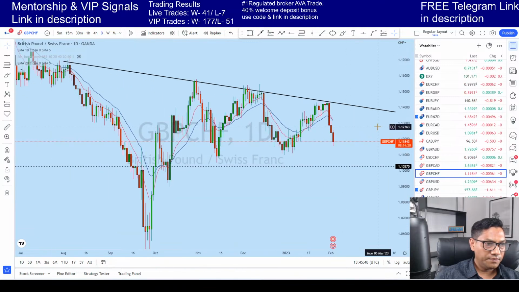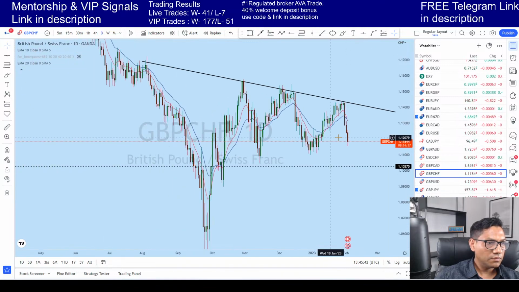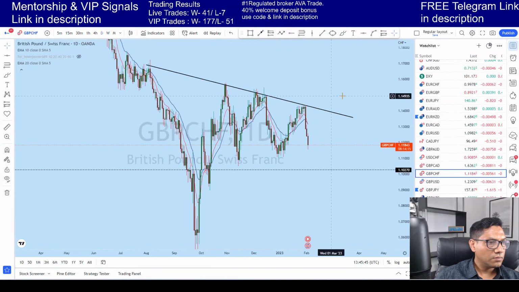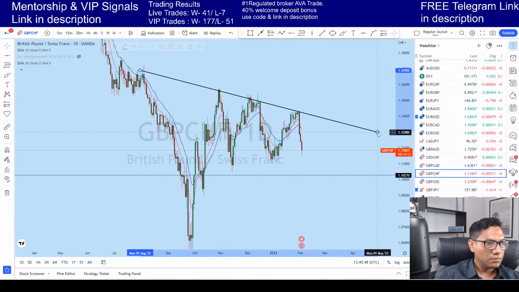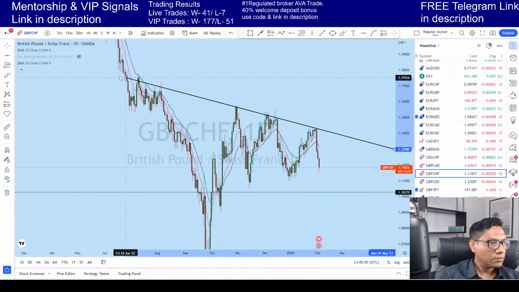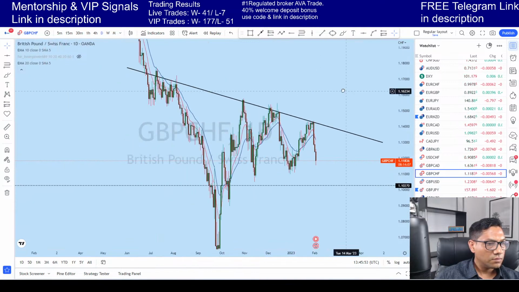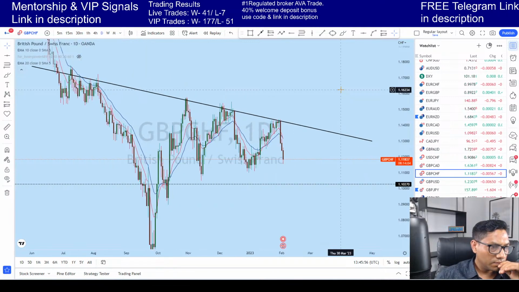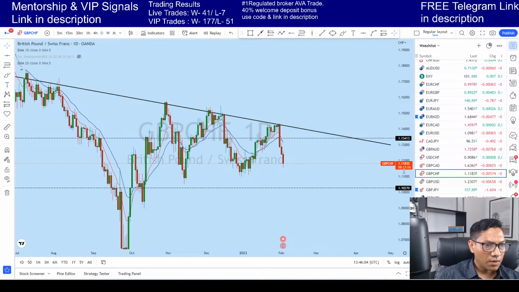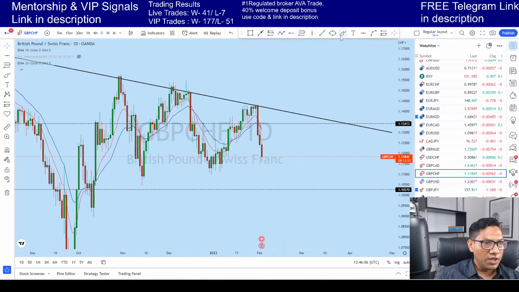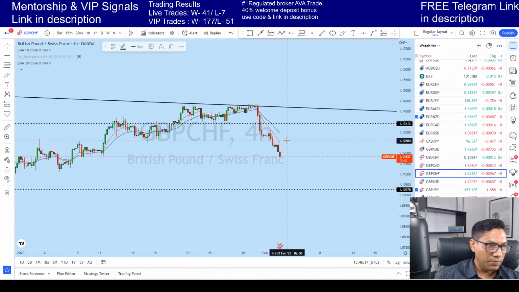Looking at daily, from the daily perspective, there is a big move that happened on the daily. What I think is that this price is still bearish. So if we look at the 4 hour, there is a middleman being formed.